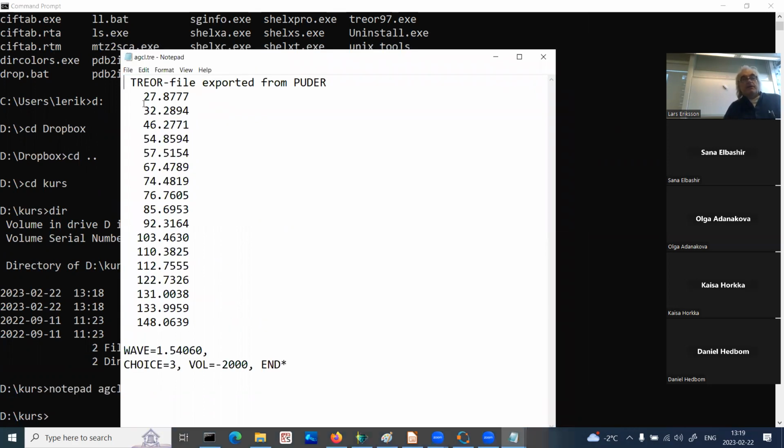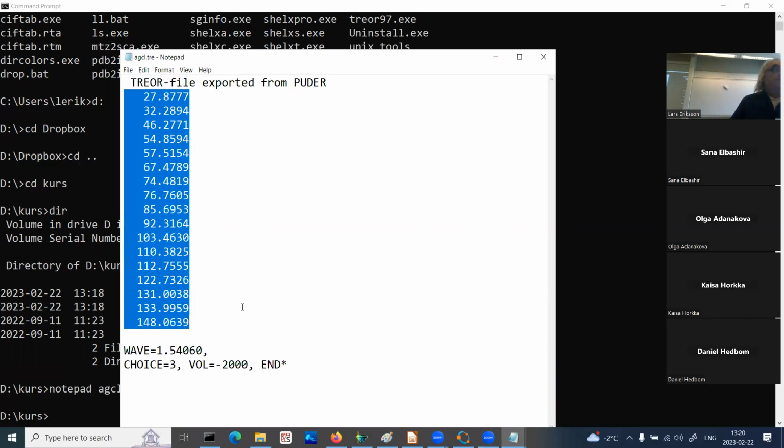So these are now a typical Treor input file is just a text line, anything for remembering. And either you create it via some external software or you edit it like here. And then on each line, there should be a spacing value. And this spacing could be either two theta. I can type that in.